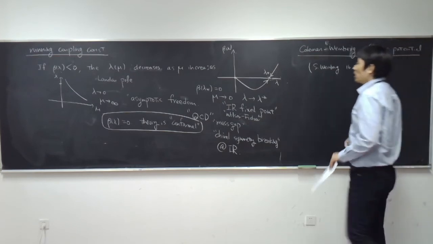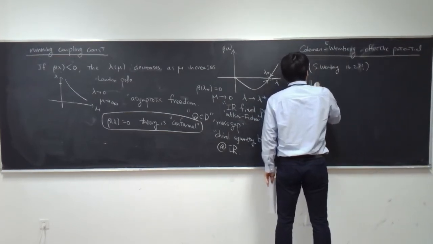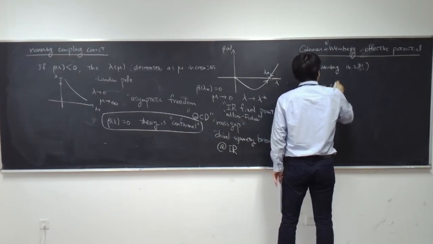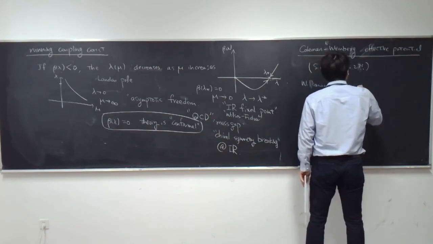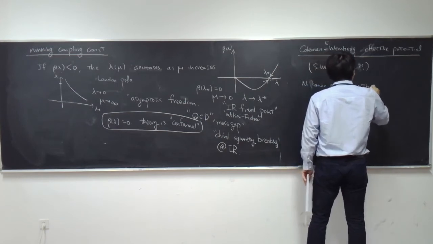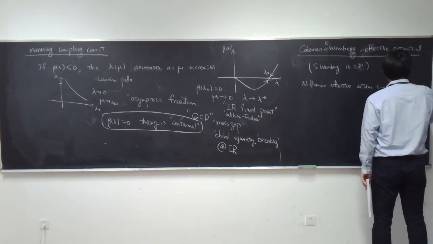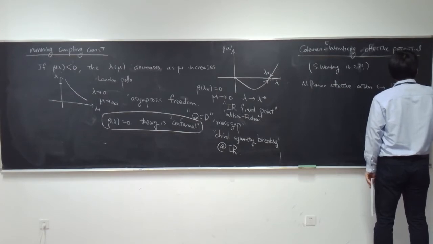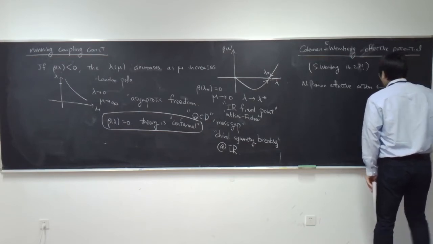So the difference between the Wilsonian effective action versus the so-called 1PI effective action, which we call gamma of phi, is as follows.